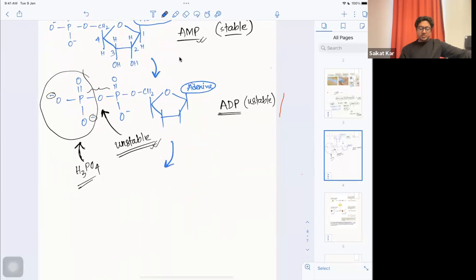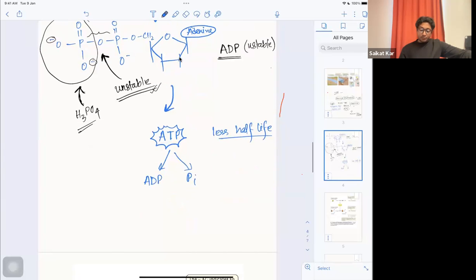Similarly, one more phosphate will be added and it will become ATP. And ATP has a very short half-life. So anytime it can break and generate ADP again and phosphate.